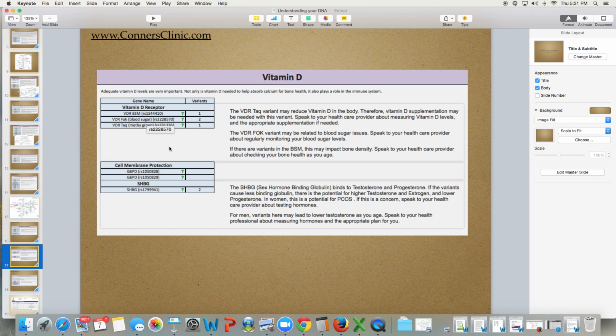This next gene is also really, all these genes are important, but this one is really important, especially with my cancer patients. This vitamin D receptor gene, this VDR gene, there's 3 genes that we measure in this gene family. And this person is pretty shot here. They got a single allele defect in 2 of them and a double allele defect in 1 of them. So this person has a difficult time getting vitamin D where it's needed, into the cell, into the bone.